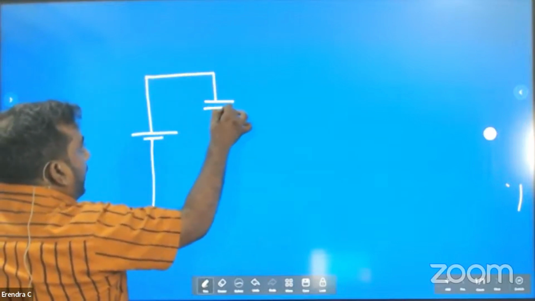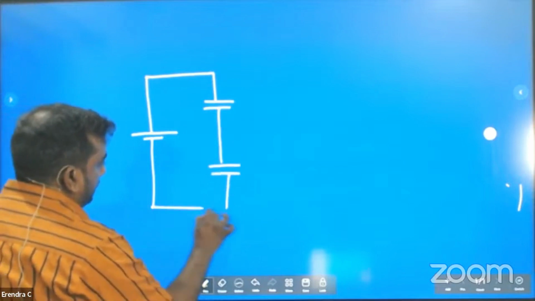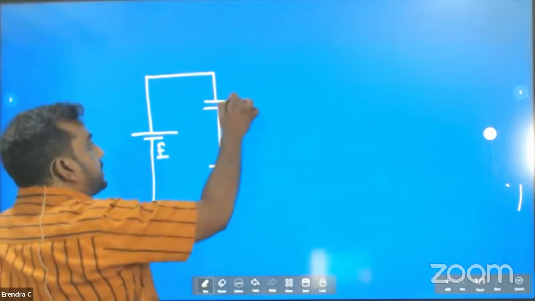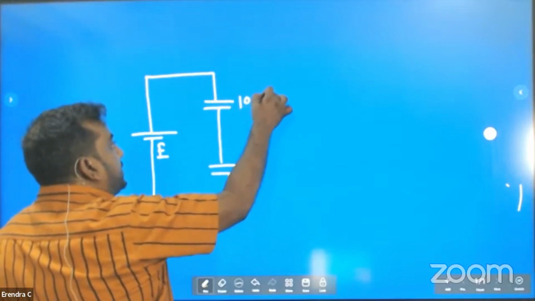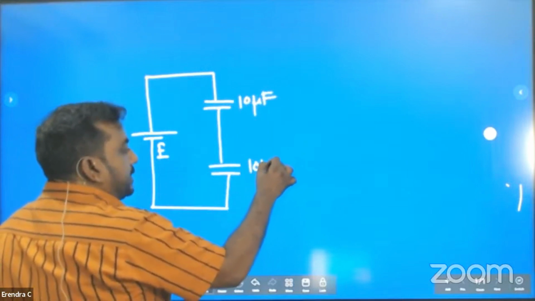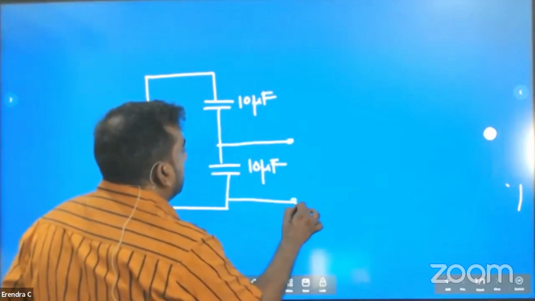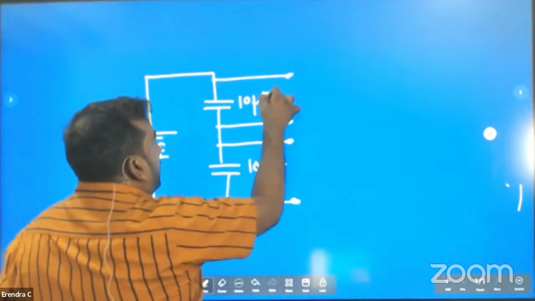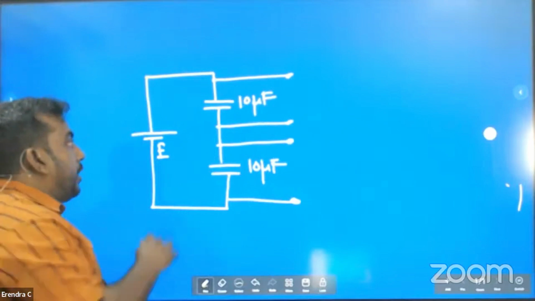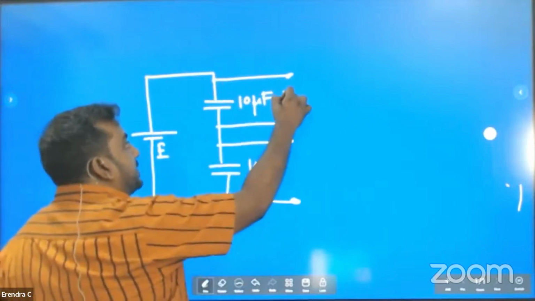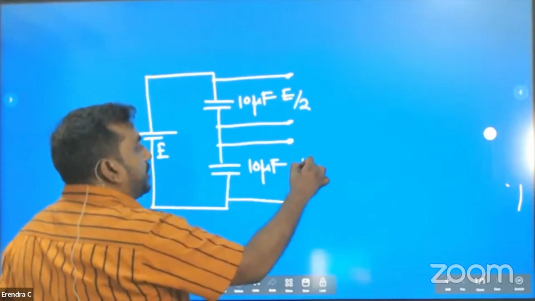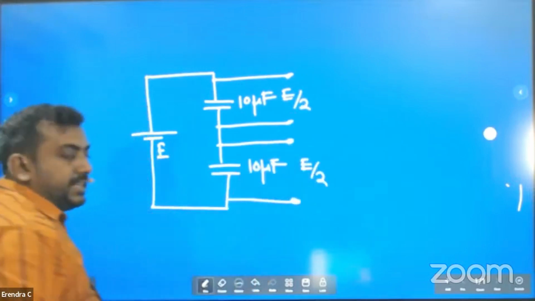Here you have the capacitor. Battery EMF is E, 10 microfarad is here, 10 microfarad is here. They want you to find the voltage here. Equal capacitors means voltage here is E over 2, voltage here is also E over 2.